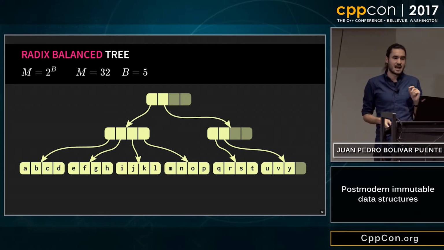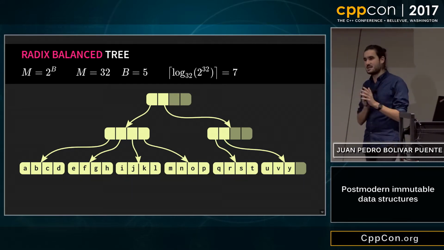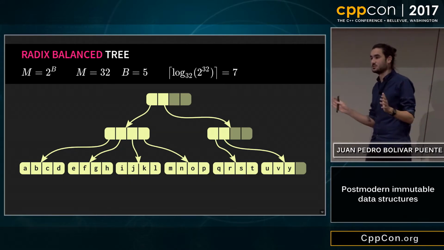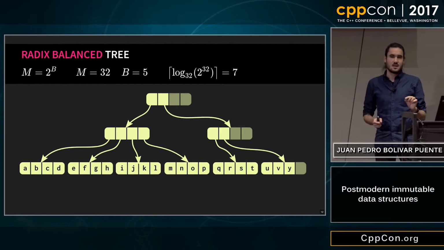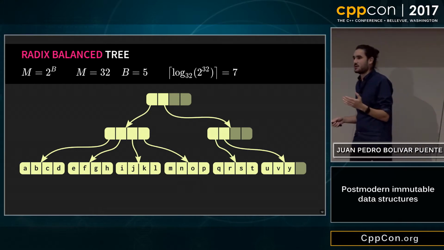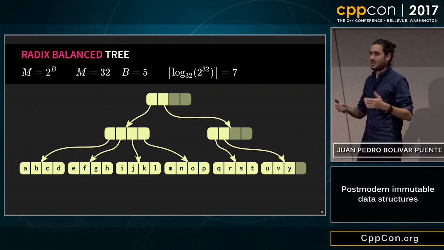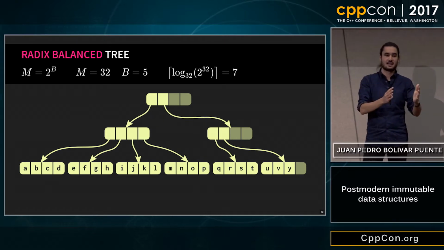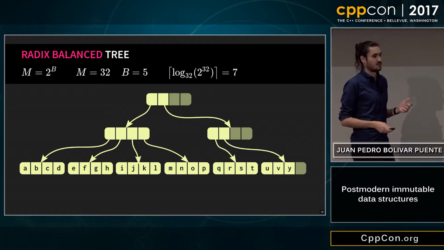This means that you can have a vector that contains as many elements as you can address with a 32-bit integer, and this is going to be only 7 levels deep. This means that the depth of the tree actually grows slower than other constants that are proportional to your data, like the working set size versus the cache size. That's going to be more important when dealing with a large vector than the depth of the tree itself.